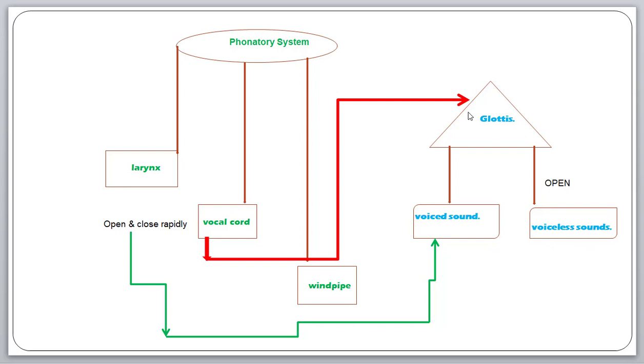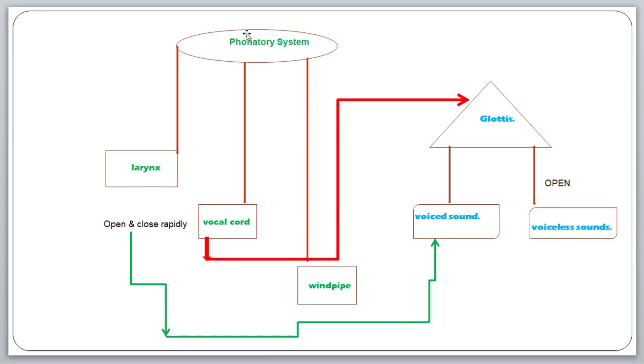No problem. The glottis remains open and we get voiceless sound. When the vocal cord opens and suddenly closes, opens and suddenly closes, in such cases the sound produced is voiced sound.